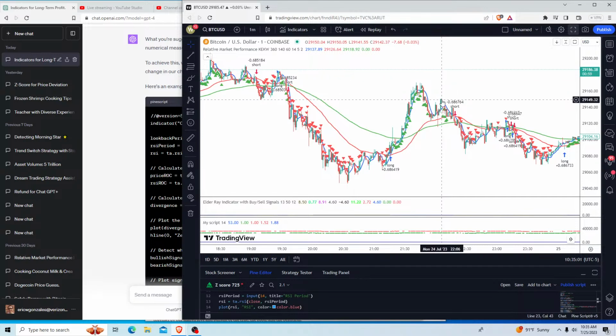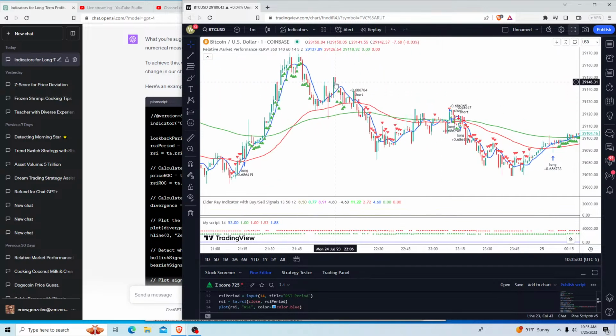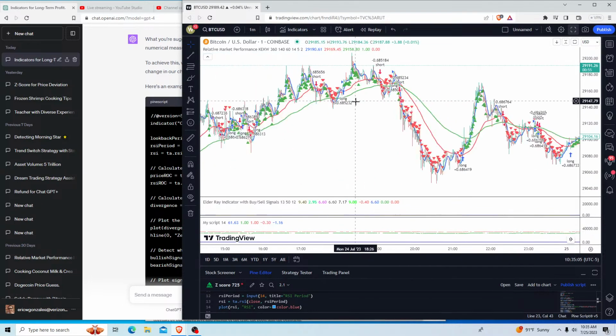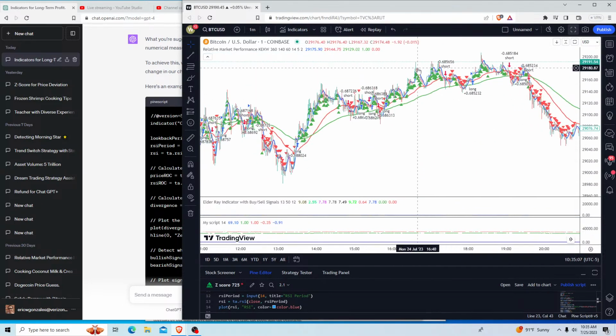It tries to come back, but it just can't. I mean, what about this one? Parabola. Yeah, it just becomes more and more risky the higher you are, but the moving average catches up to you. Right?